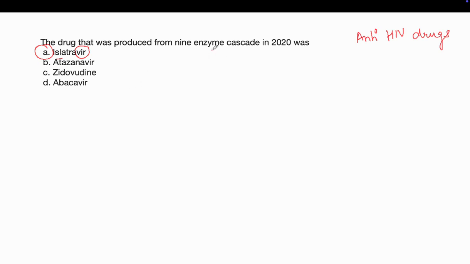So what is this enzyme cascade? A 9 enzyme cascade refers to a type of reaction where 9 different reactions occur one after the other, and 9 different enzymes are used to catalyze this product.